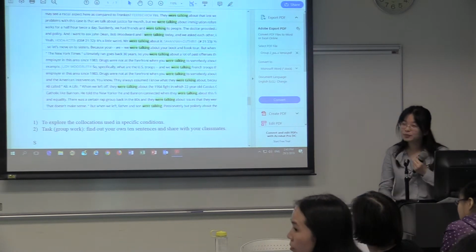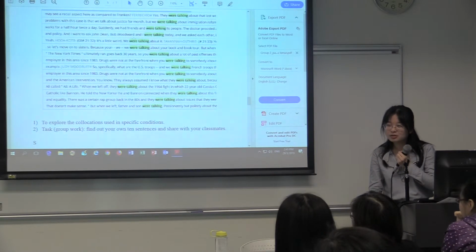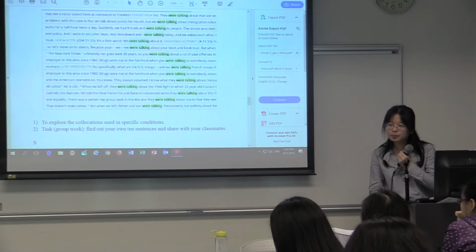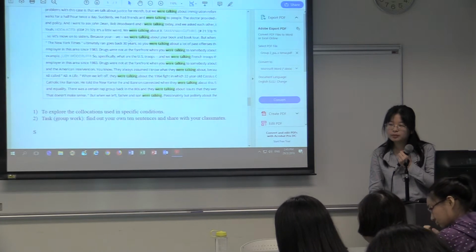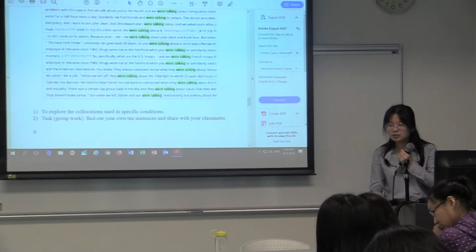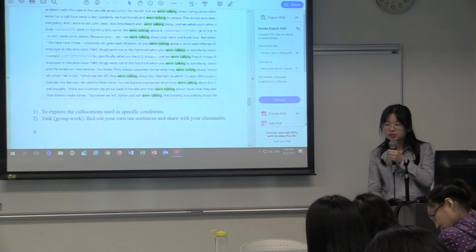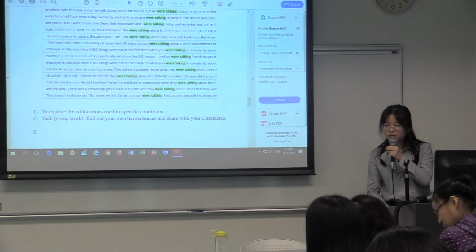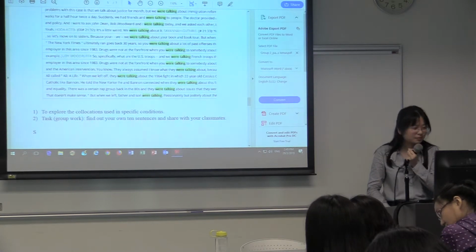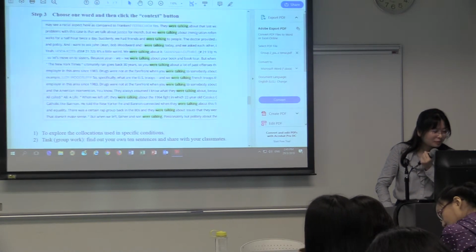Because you compare when and while. Right? Yes. And you said while can be used with verb past continuous, right? Yes. And when can only use simple past tense. Yes, in general. Yeah, but here the concordance lines will show the last three.